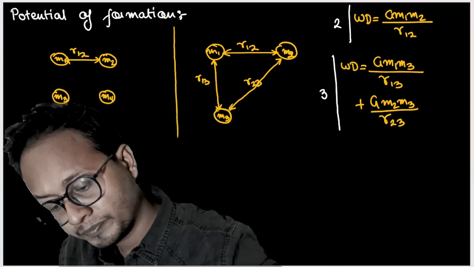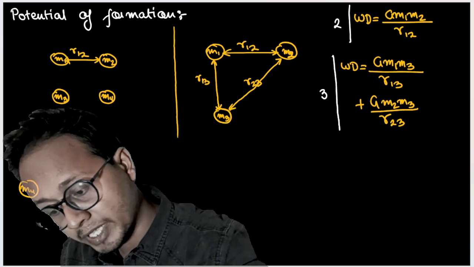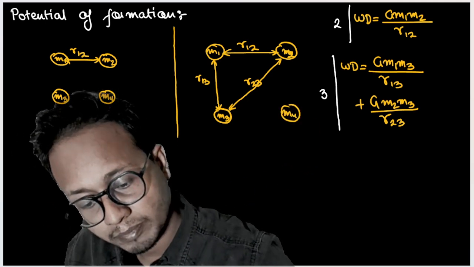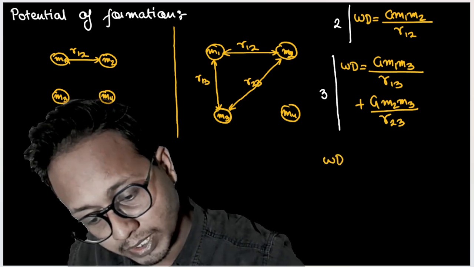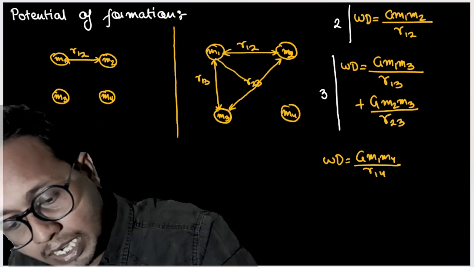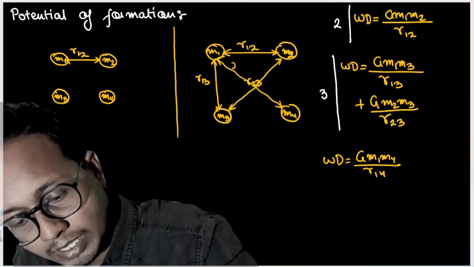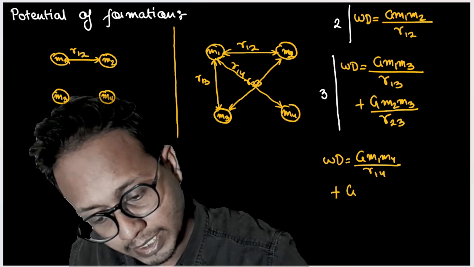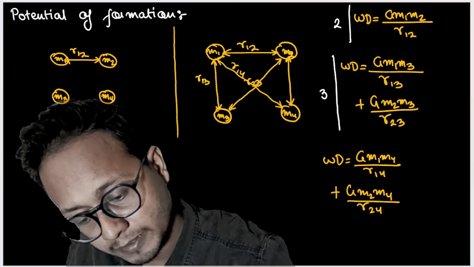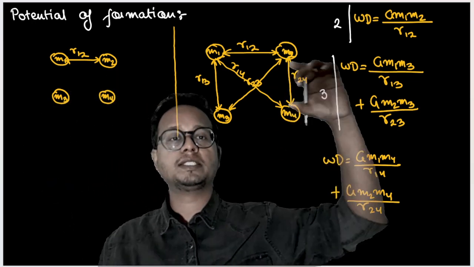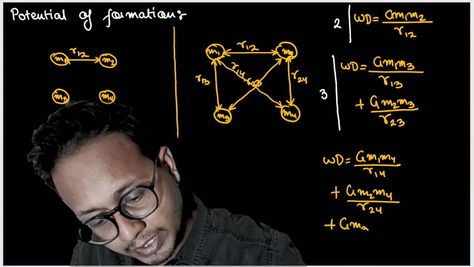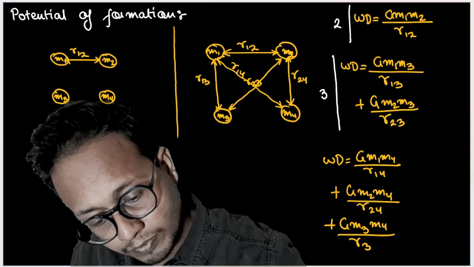Similarly, if there is a fourth mass, m4, and I'm bringing this mass from infinity to this point, what is the work done? The work done by gravitational force is nothing but G m1 m4 by r14, r14 being this distance, plus G m2 m4 by r24, this distance, plus G m3 m4 divided by r34.